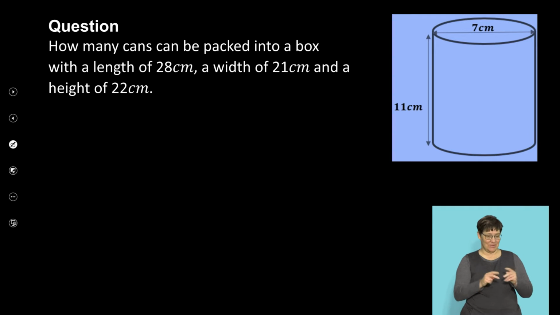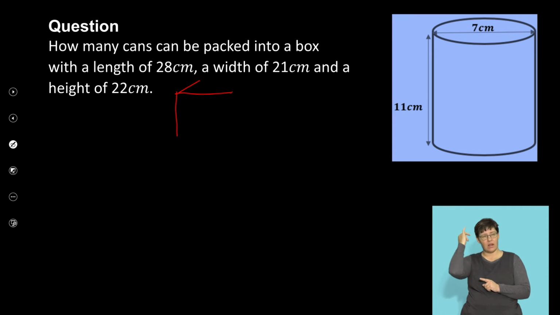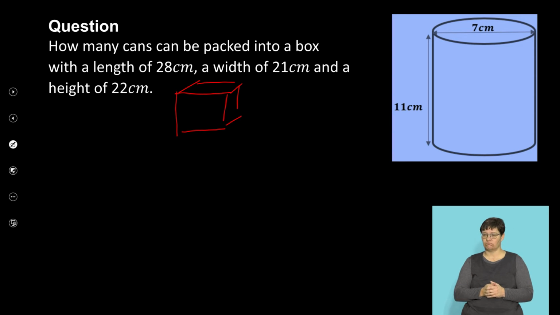Great, everyone. So the second part of this question, I'm just going to repeat it again for us. So it's how many cans can be packed into a box with a length of 28 centimeters, a width of 21 centimeters, and a height of 22 centimeters. So before we actually start with this example, I'm going to ask us to imagine this box, and we are going to think about the dimensions of it.